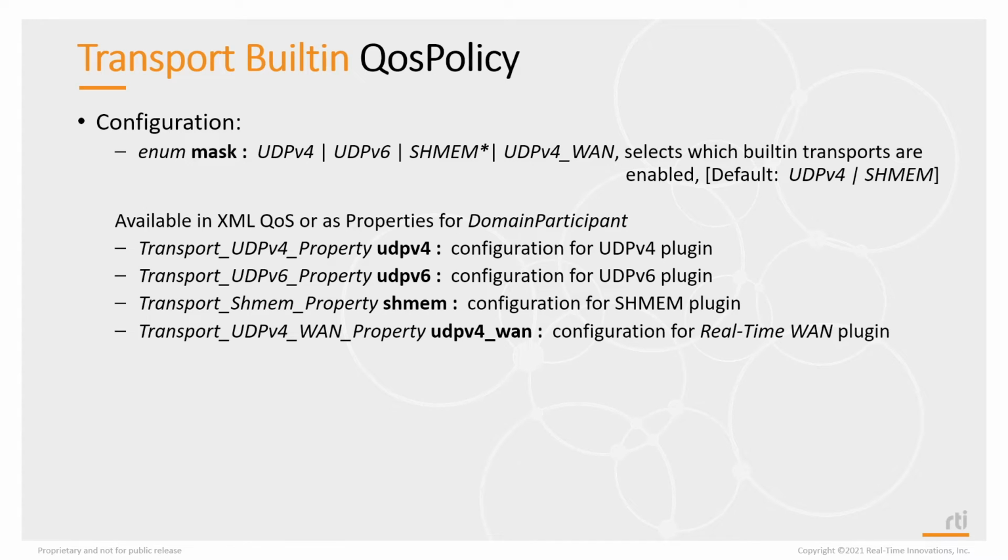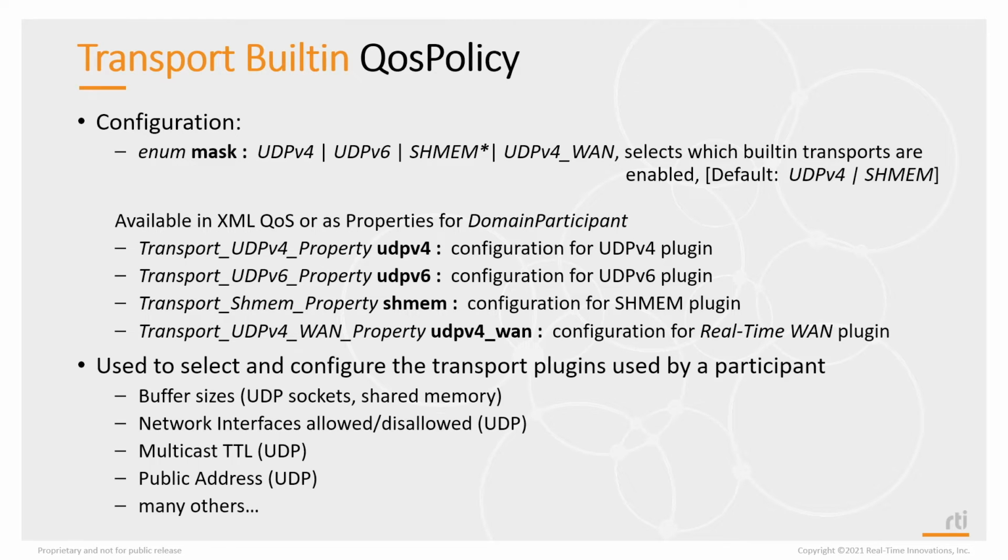To configure the properties of each transport, use a different set of QoS policies, and they are the UDPv4 property, the UDPv6 property, shared memory property, and the real-time WAN, or the UDPv4 WAN property. And with these properties, you can configure things such as the buffer sizes, sizes of the send and receive sockets, or the size of the shared memory buffer that's allocated, which network interfaces you want the plugin to use, and this is specific to IP interfaces.